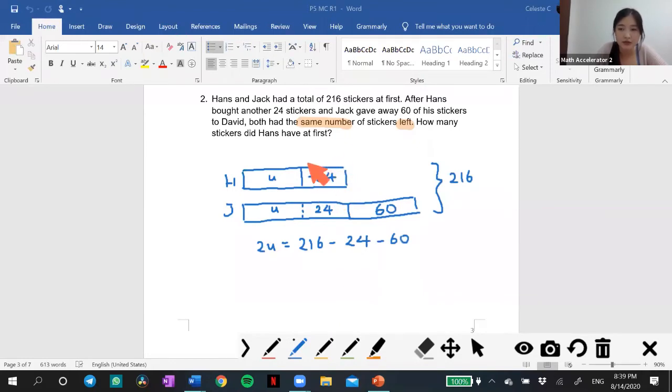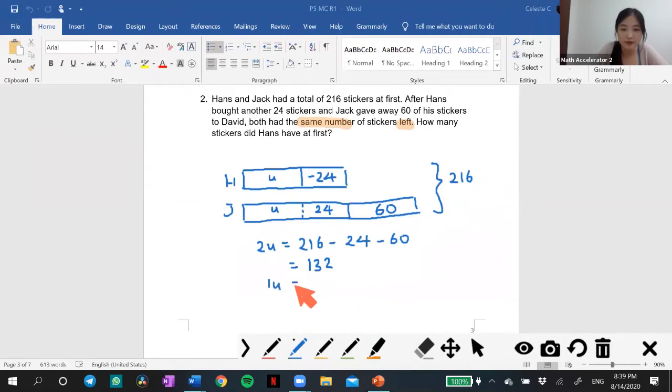Don't forget you shouldn't add in an extra 24 here. It's a minus. You already took it away. So these 2 units will be how much? Okay, correct. 132.